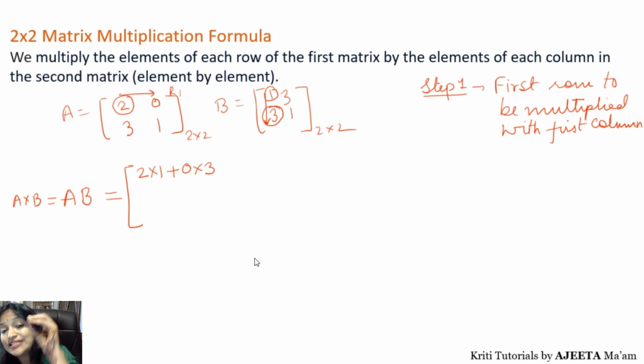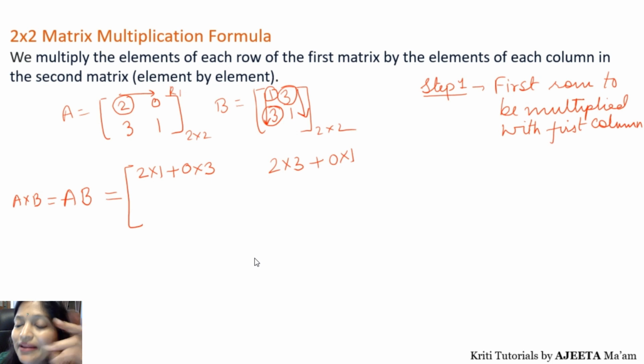So now the same row R1 will be multiplied with the second column elements, corresponding again. Okay, so now 2 will be multiplied with 3 and 0 will be multiplied with 1.